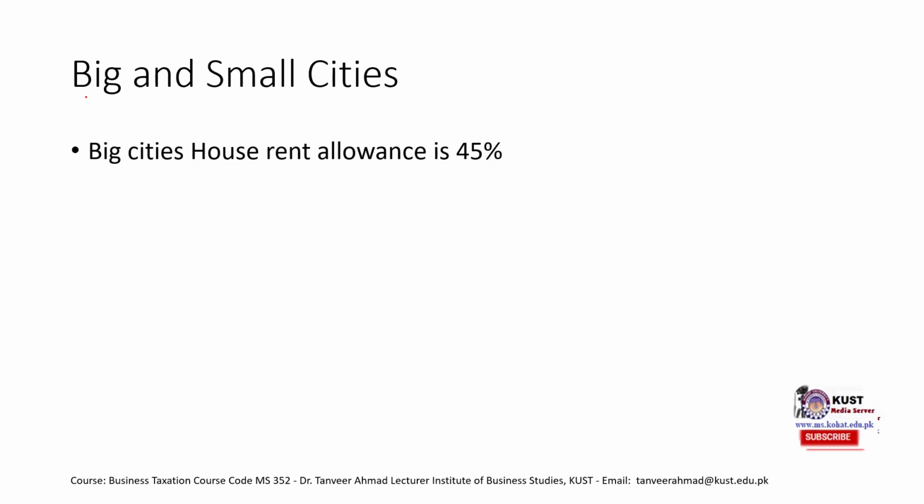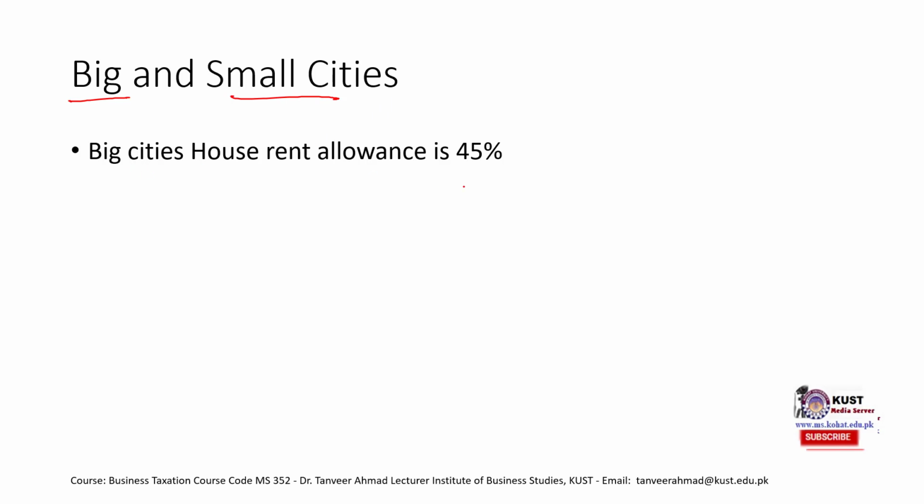So from tax perspective, there are two types of city. One is big city, and the second one is small city. And which city is included in big and small city is given in the income tax ordinance in the schedule.